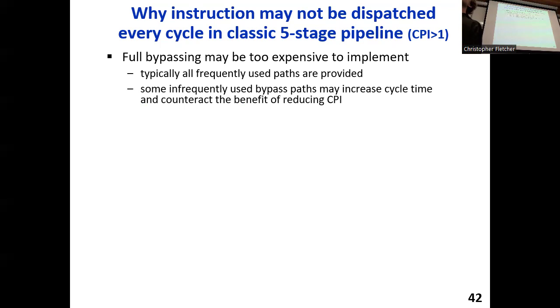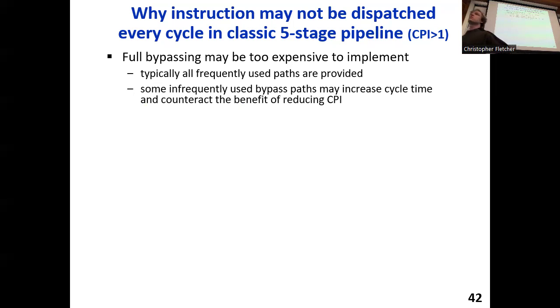Now, even if you have full bypassing, does anybody see a sequence of instructions that will still lead to stalls or interlocks on the pipeline as we've described it so far? Let's not consider control hazards. So just take arithmetic, memory instructions, and in terms of data hazards, let's say I fully bypass the pipeline.